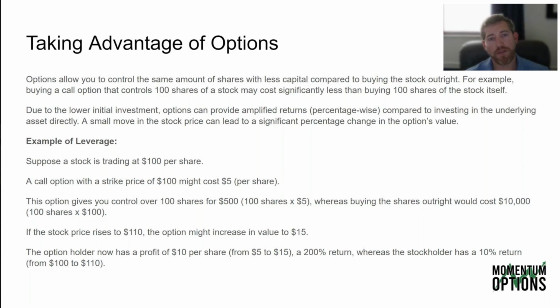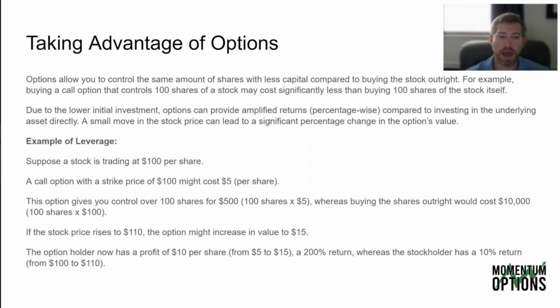So this is a $500 call that gives you the right to buy 100 shares at $100. Keep in mind, it's only $500 to control 100 shares at $100. But if you wanted to buy 100 shares at $100, it would cost you $10,000. So it's significantly greater investment.